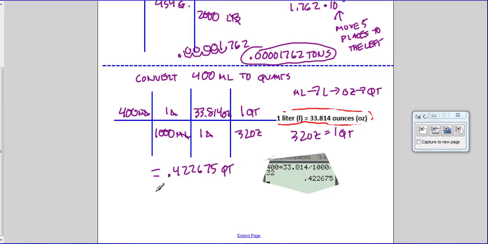Now let's just choose something to round to. Let's say we want to round it to the nearest hundredth. So there's your hundredths place. That's a 2 back there. So if it's from 0 to 4, this 2 stays the same. So this is about 0.42 quarts if I choose to round to nearest hundredth. I just chose a hundredth. There's no particular reason I chose that.